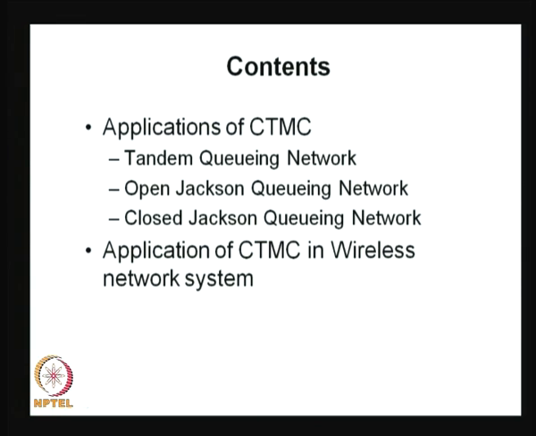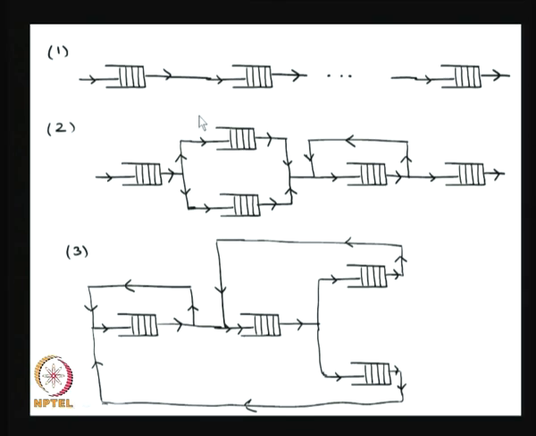So, now we are going to discuss the queuing network. Queuing network is nothing but a network consisting of several interconnecting queues. We have discussed already the queues in the 4th lecture. I am giving 3 different examples for the queuing network.